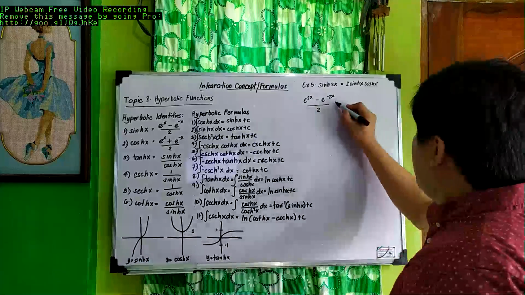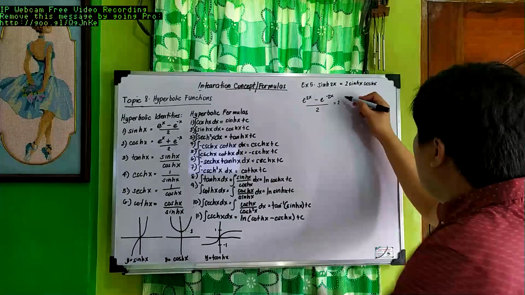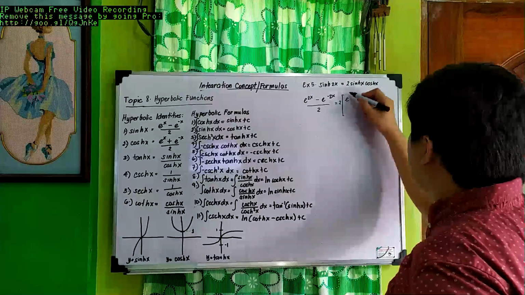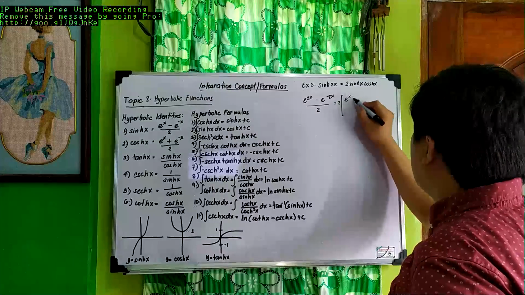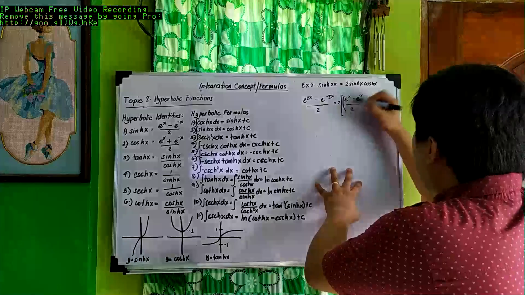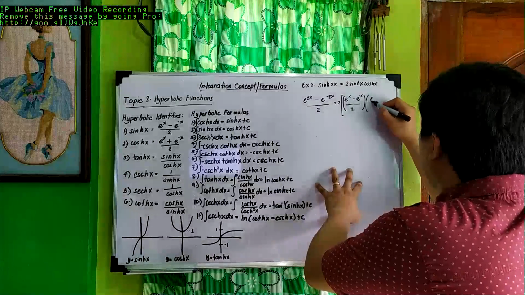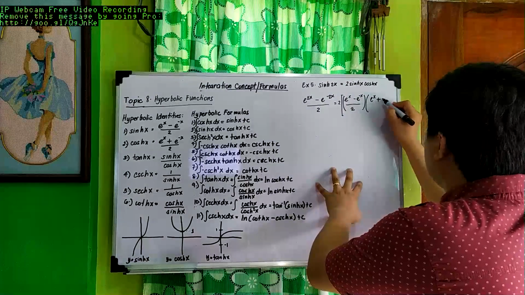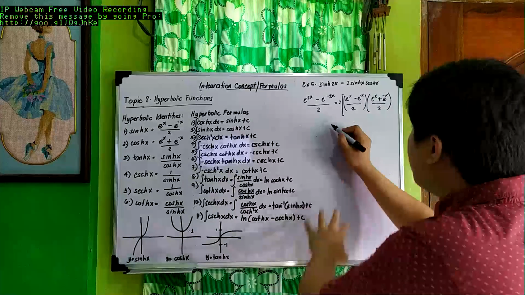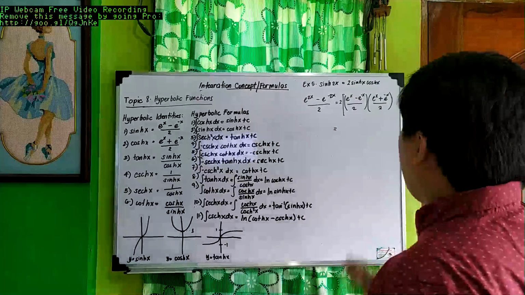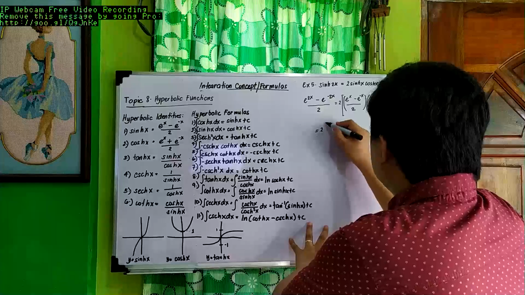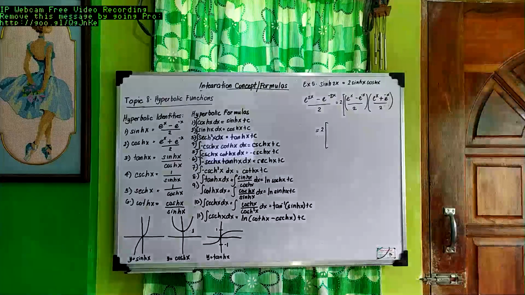So this one, we have 2 multiplied by sine hyperbolic x, that is e raised to the power of x minus e raised to the power of negative x over 2, multiplied by e raised to the power of x plus e raised to the power of negative x over 2. So from there, let me write it around here.